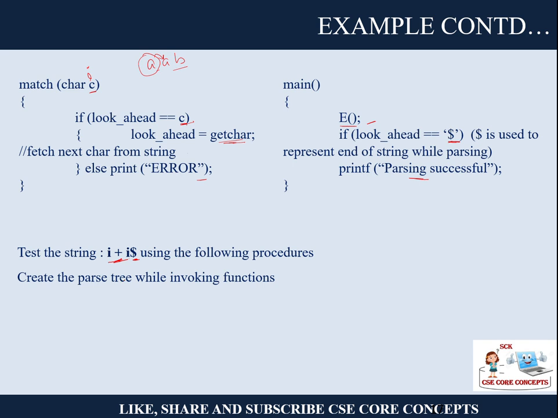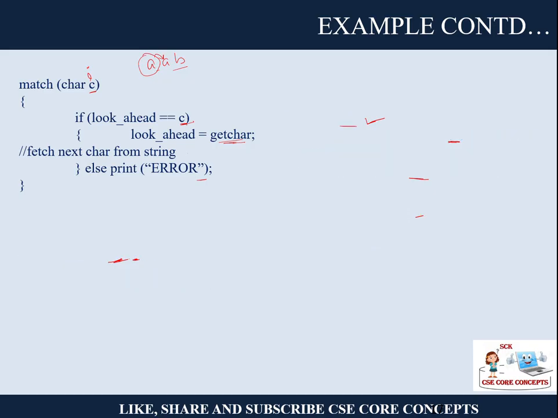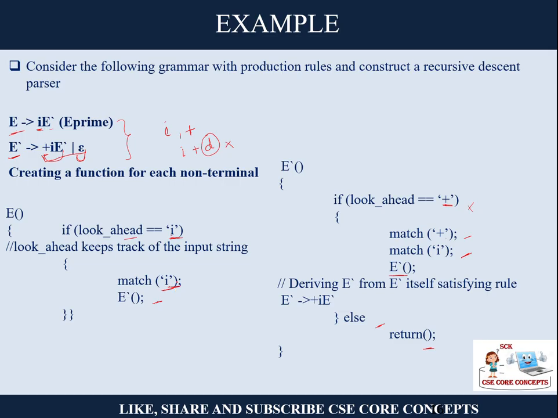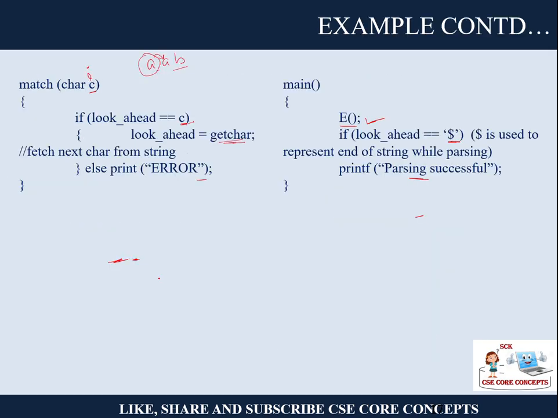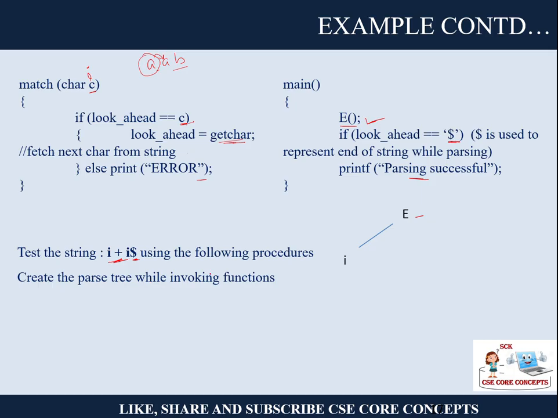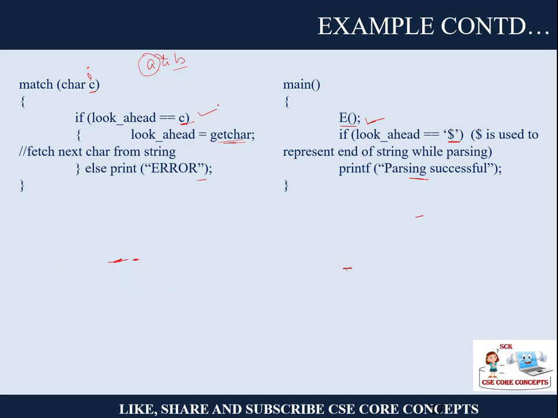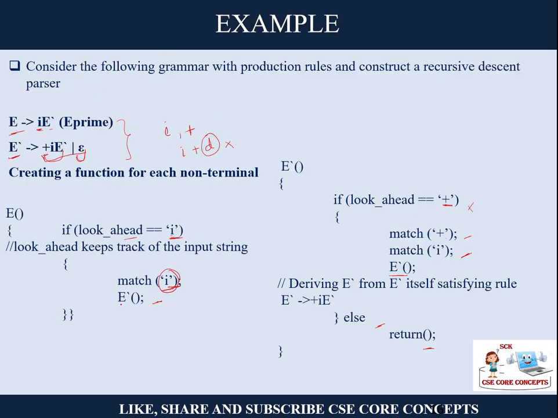Now in this case, you can draw the parse tree also along with it, where you have first called the E function. So that is the root of your tree. Now in the E function, you try to match the first character, which is your I. So on the left branch, you are writing I. Then when this match function is done, it will return back to the calling function here, and the next executed step is calling the new function E prime.